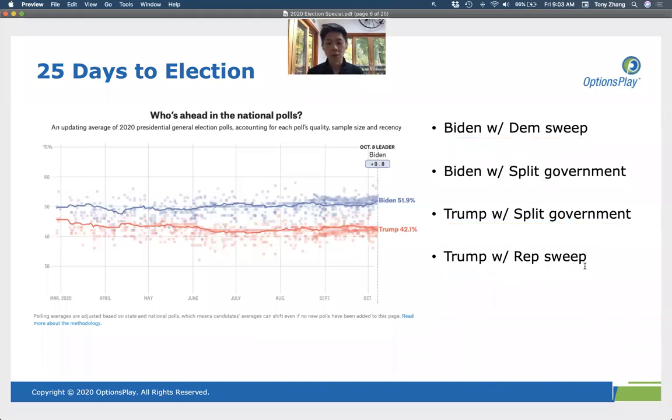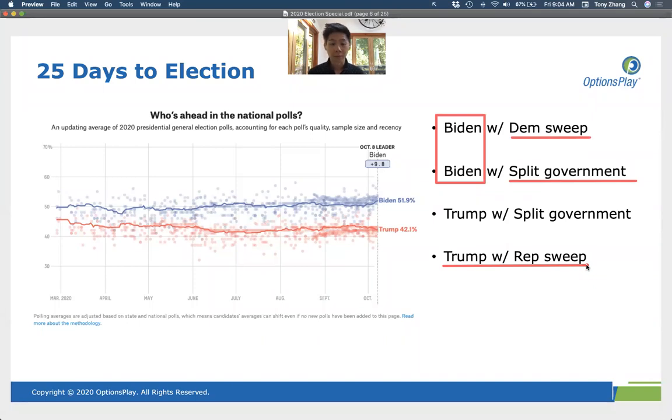Certainly the polls are showing that it's more likely that at least you have a Biden win. And right now it's probably looking more likely like a split government rather than a Democratic sweep, but that is still also possible. What looks least likely is Trump with a Republican sweep, even though that is one of the use cases that we're looking at when we analyze which sectors and industries have the most net positive or negative.